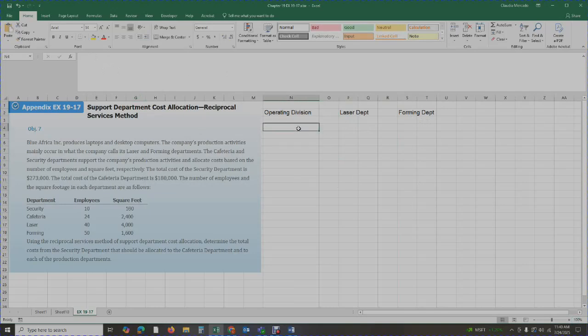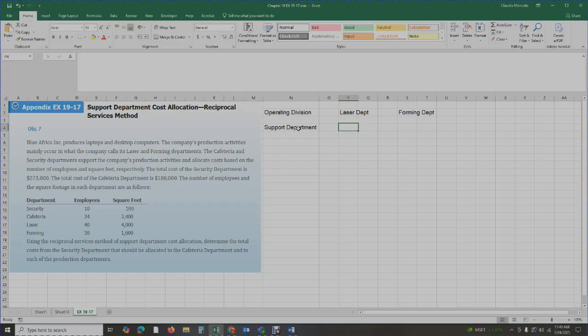Now below that we have support departments, okay? These departments do not make anything. They don't produce anything. They're just there to provide support to the operating division, okay? So people get hungry. They need a cafeteria to go eat. The cafeteria is there to provide food for the laser department and the forming department employees and the securities if needed, okay?